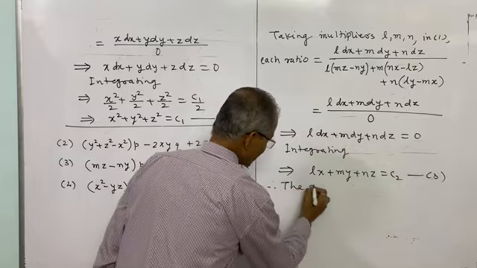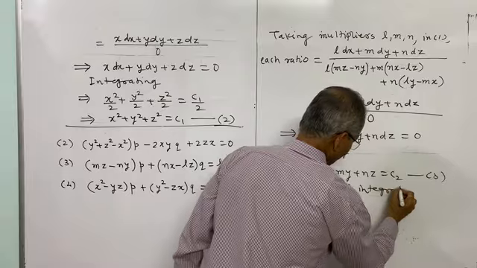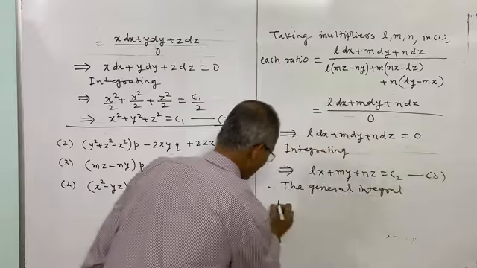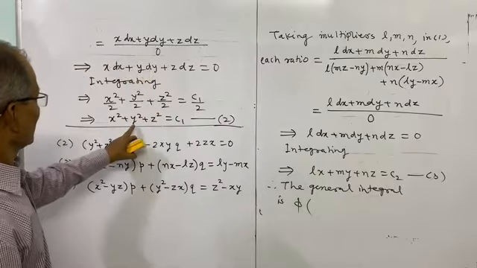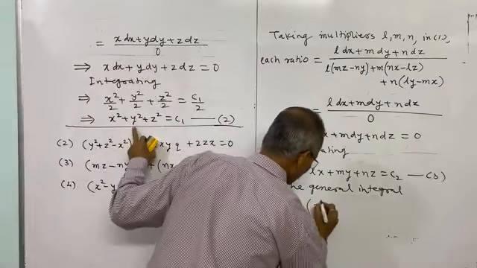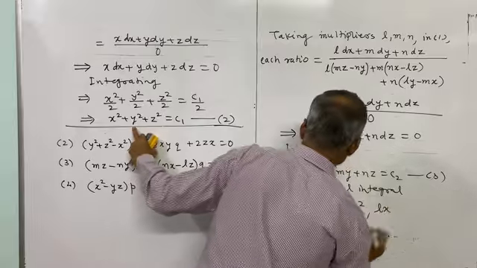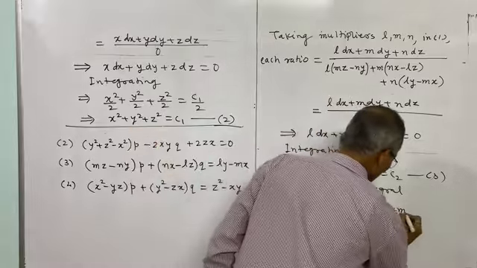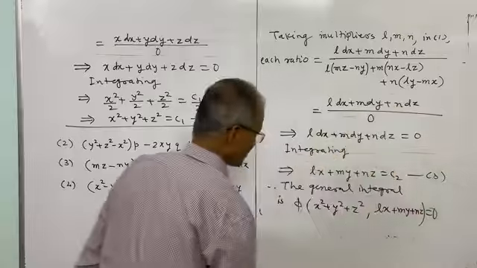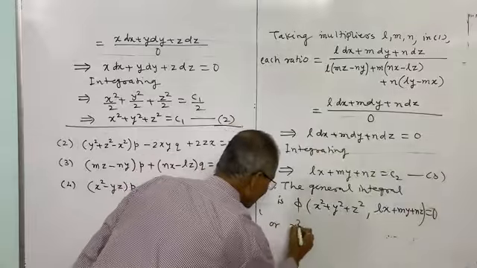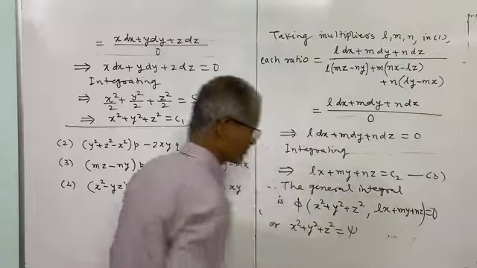Therefore, the general integral is phi of the first, x square plus y square plus z square, and the second, lx plus my plus nz, equal to 0. Or that can be written as one is a function of the second, and that function is denoted by psi.